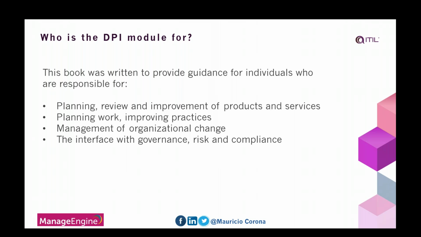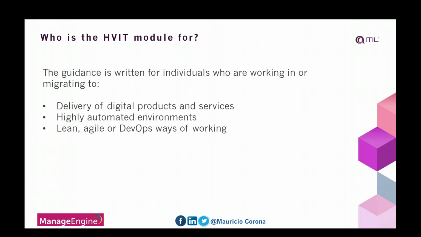That's the purple book. On both of those books, as well as on the Foundation, I had the privilege to co-author those books. So it's really nice. If you are in these roles, in these areas, I strongly suggest you go and take a certification exam on the other side.